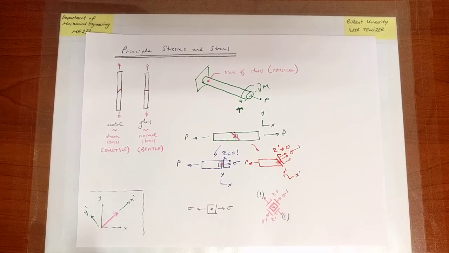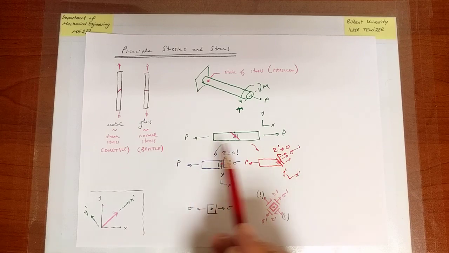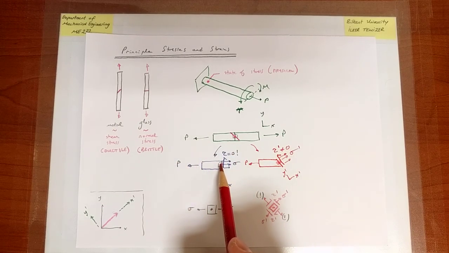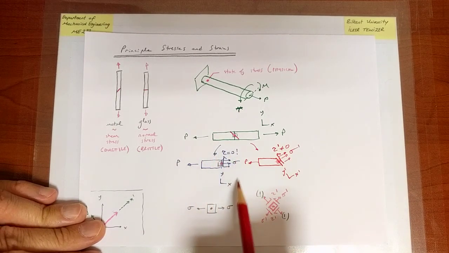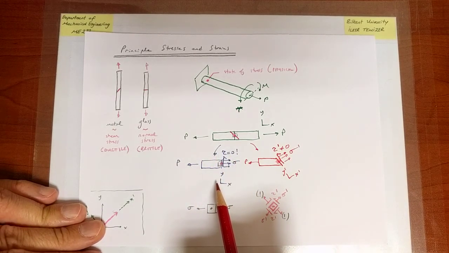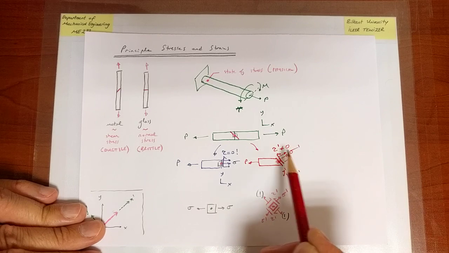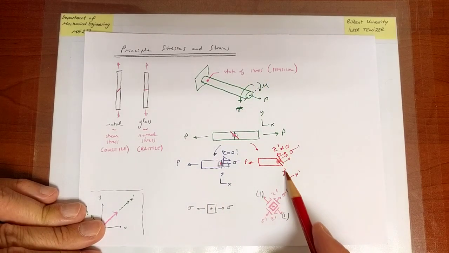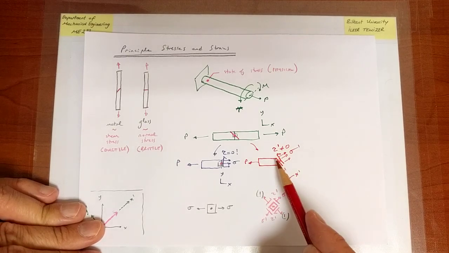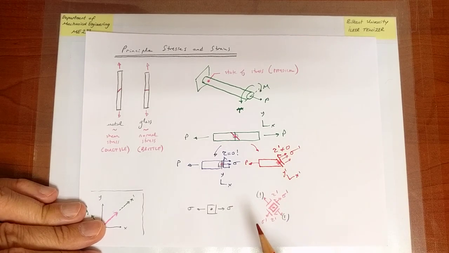So our focus is going to be, for a given state of stress at a given point in the structure, if I know the state of stress or the loading with respect to one coordinate system, how do the components of the stress change for that same state of stress when I take a different cut or when I change my coordinate system? When the orientation of the surface changes, or in other words, when this picture changes.